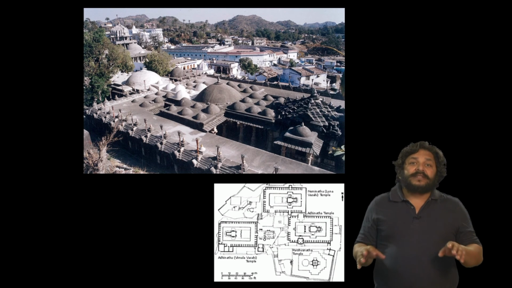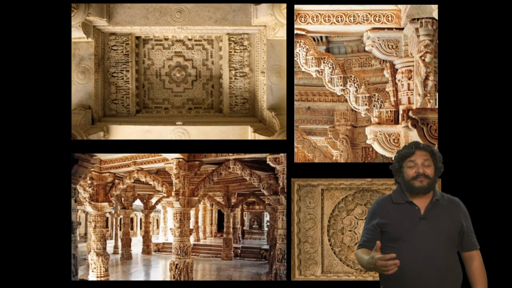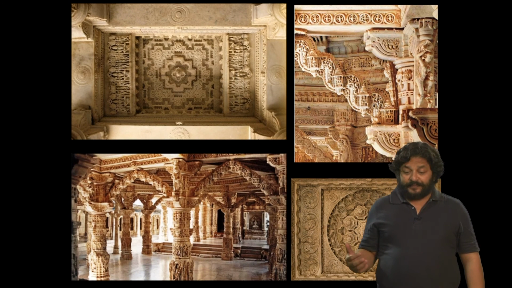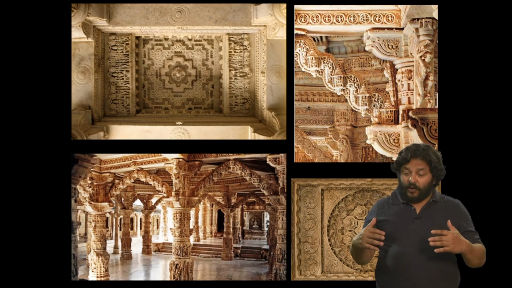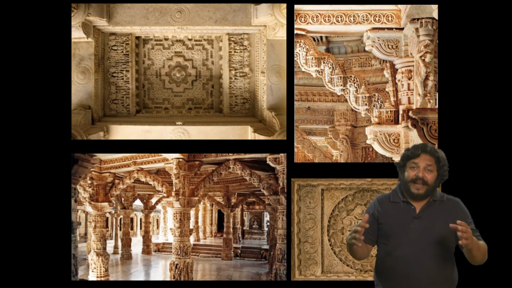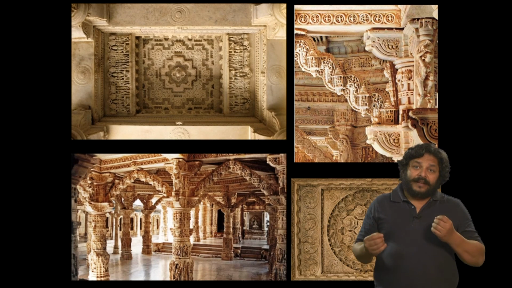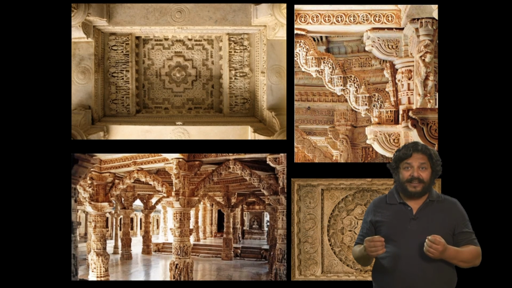But these domes conceal on the inside the most lavish of marble decorations. All kinds of suspended ceilings, corbelled domes, brackets and columns create the composite, intricate, carved marble that these temples are really famous for.